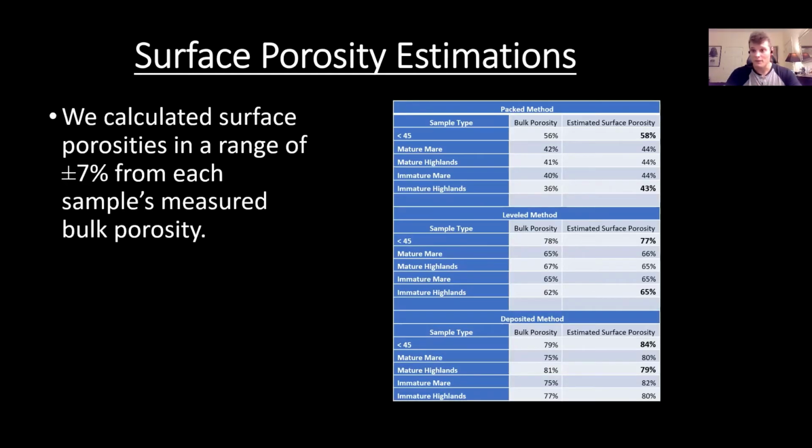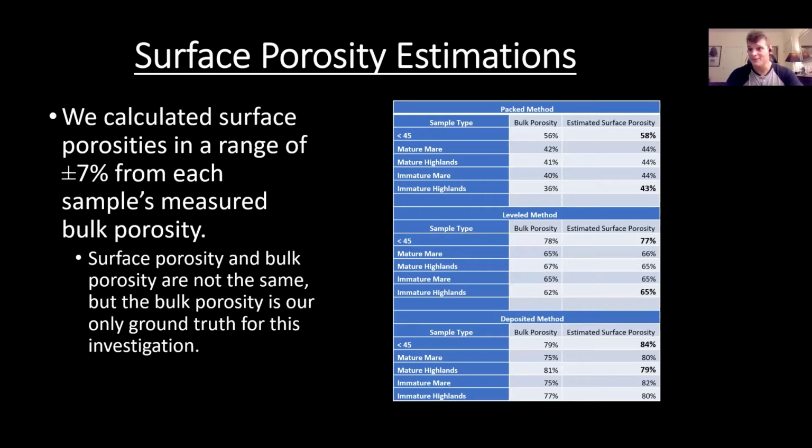All right, so how does that actually turn out? So we calculate our surface porosities in a range of plus and minus 7% from the sample's measured bulk porosity. Obviously, like I said before, bulk porosity and surface porosity, they're not the same thing. Unfortunately, the bulk porosity is our only known or ground truth in this entire part of the investigation.